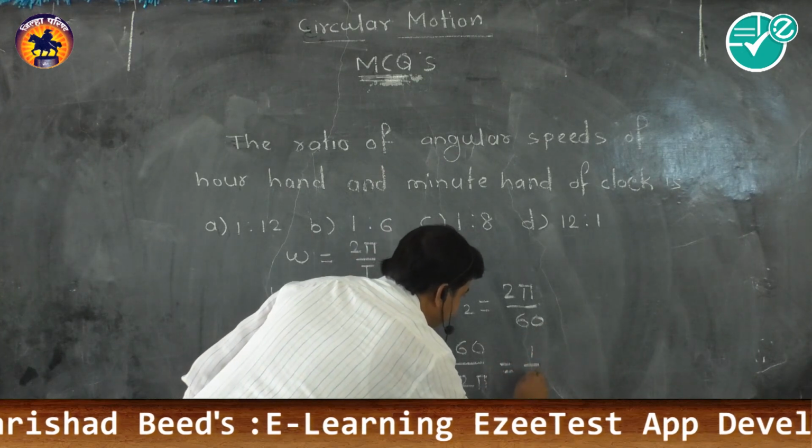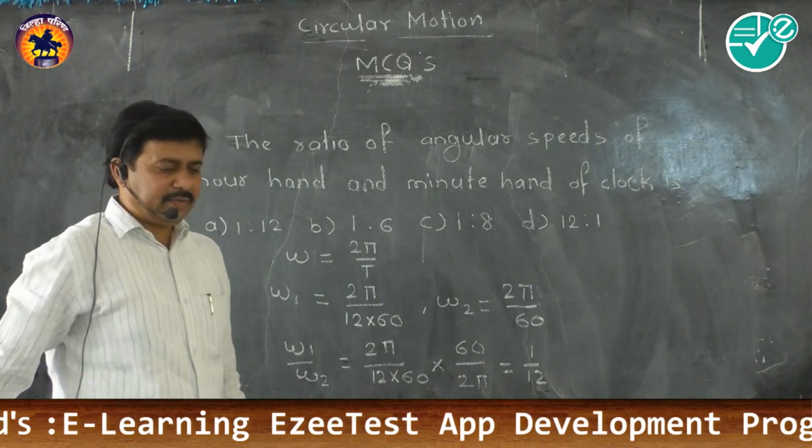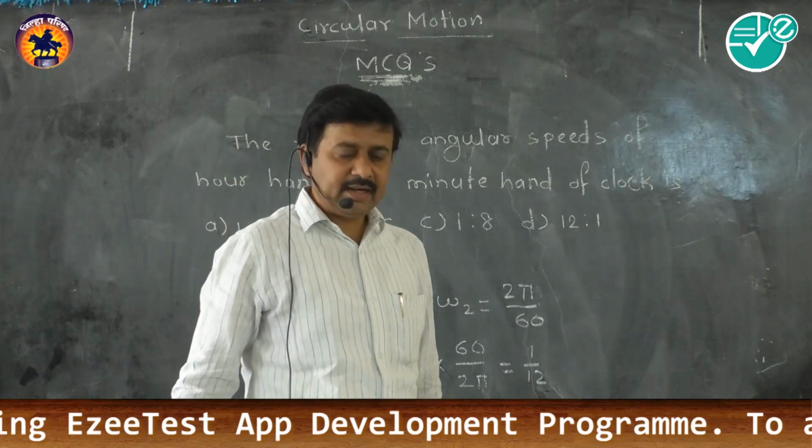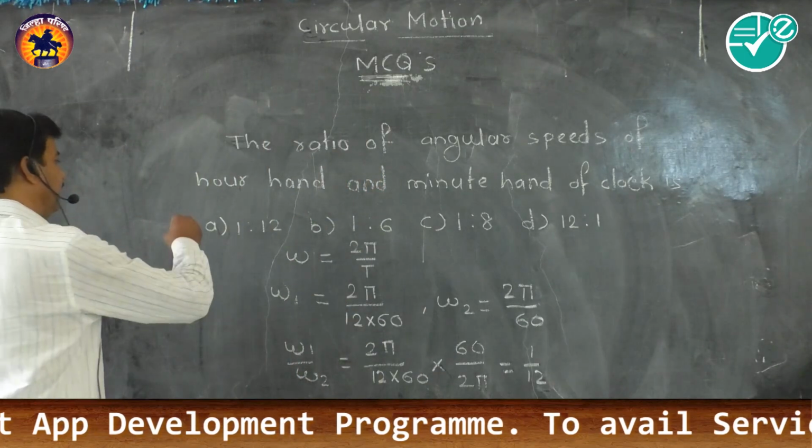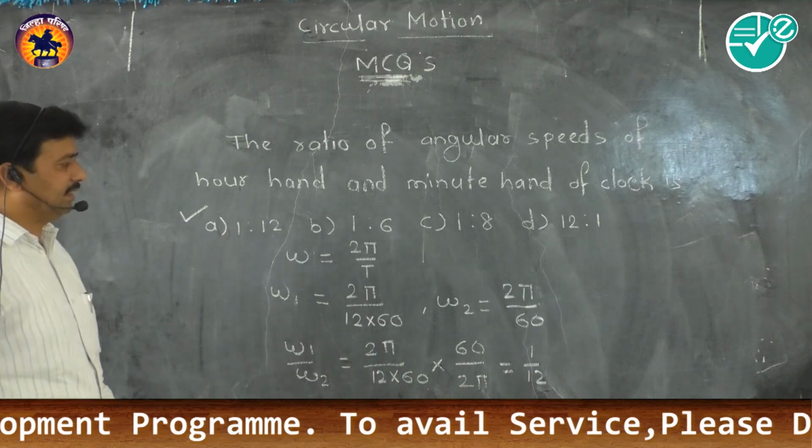That will be equal to 1 by 12. So the correct option is option A, that is 1:12.